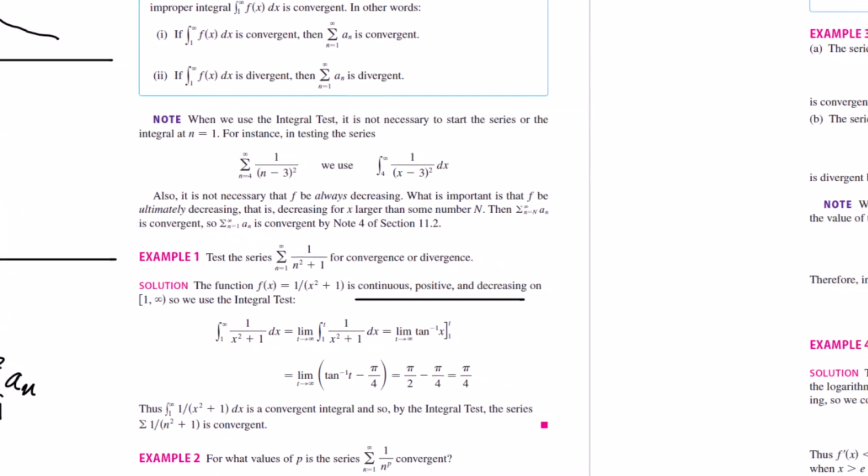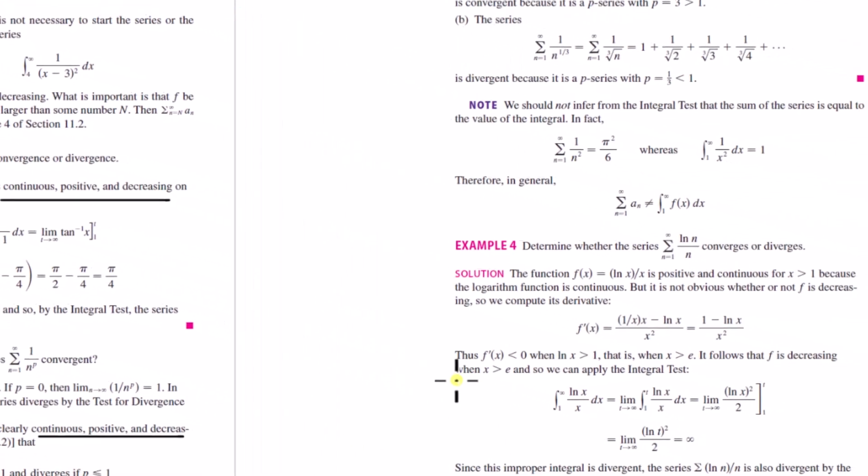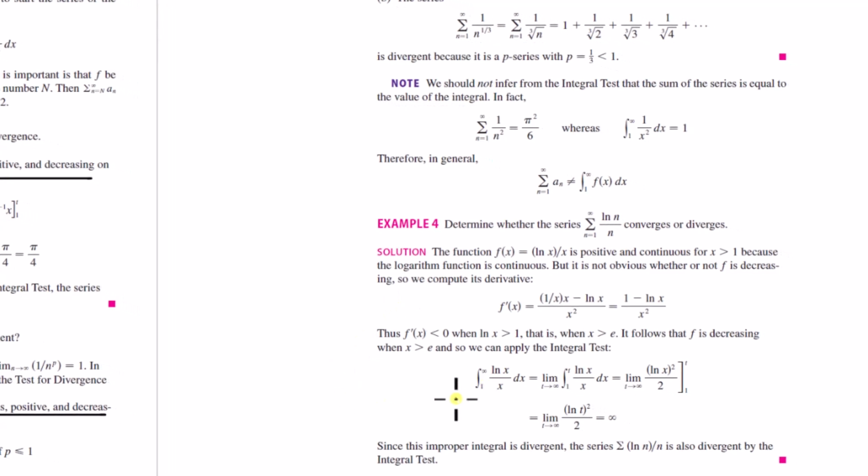So you can think about it however you want. To me, the idea would be: if this is convergent from e to infinity, what's that saying? e is equal to about 2.7 something.